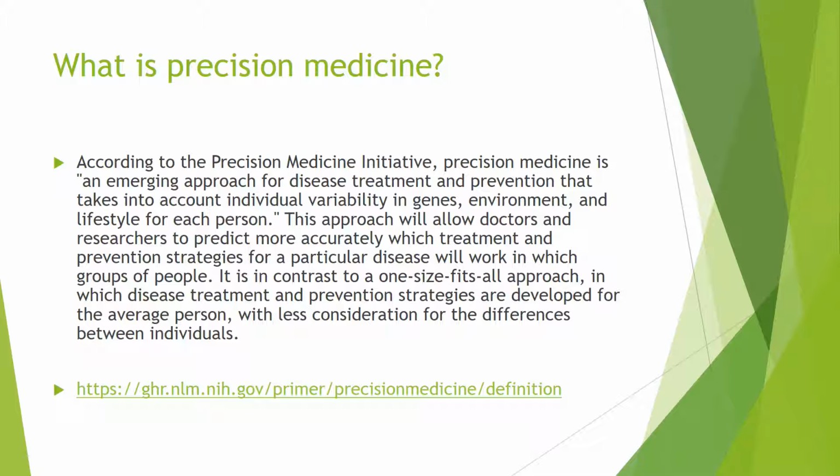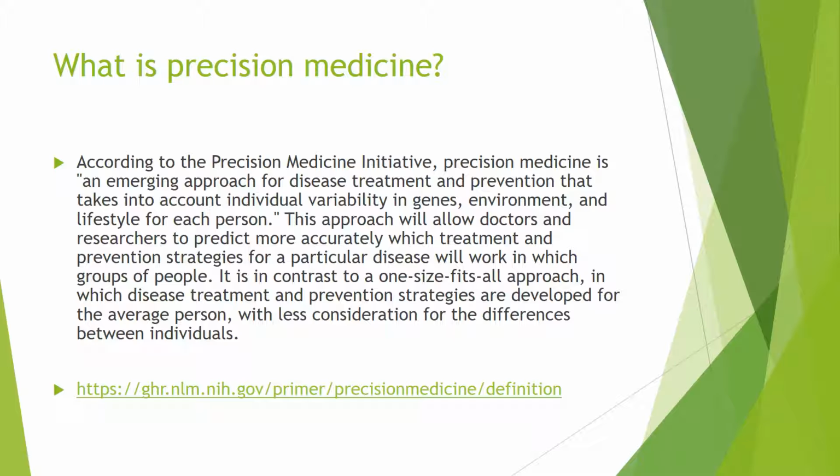The definition of precision medicine, what is it? According to the Precision Medicine Initiative, precision medicine is an emerging approach for disease treatment and prevention that takes into account individual variability in genes, environment, and lifestyle for each person.